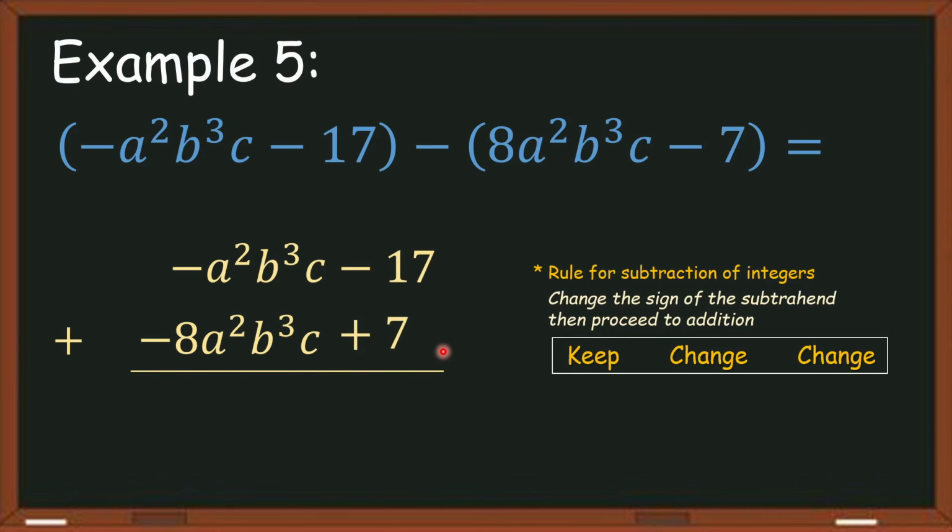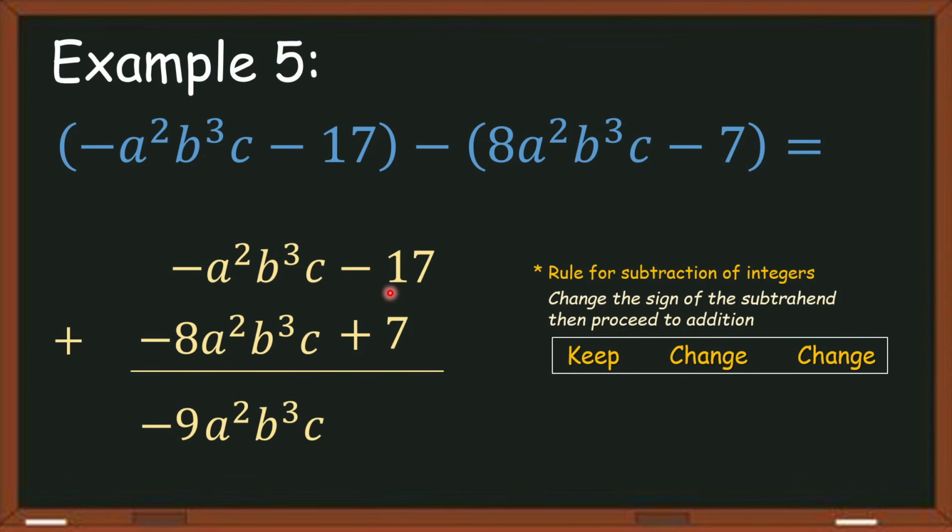And then, proceed tayo sa addition. So, meron tayong invisible na 1 dito, negative 1 plus negative 8. So, magkamukha naman ng sign, i-add natin. So, negative 1 plus negative 8, 1 plus 8 is equal to 9. Dahil parehas namang negative, negative din yung sagot natin. And then, bring down lang natin or copy lang natin itong a squared b raised to 3c.